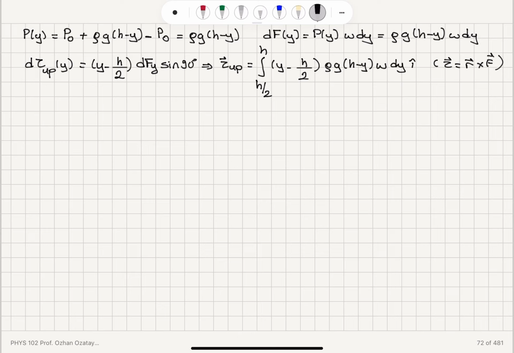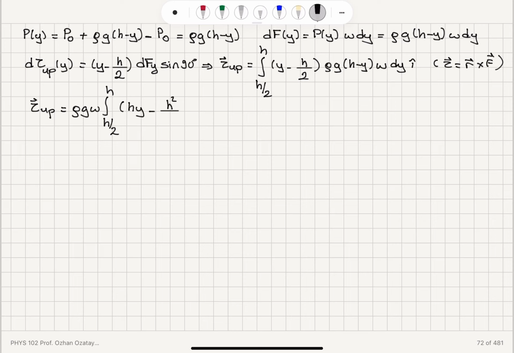The torque in the upper portion will be, if I take this, rho g w, parentheses, the integral from h over 2 to h. So if I distribute this, I see that I have h times y, the first term. Then I will have minus h squared over 2, this second term.